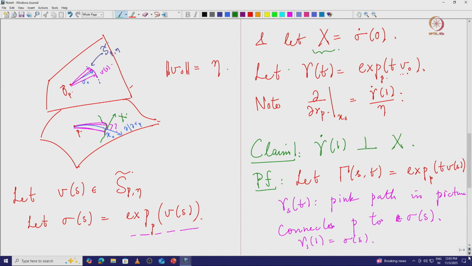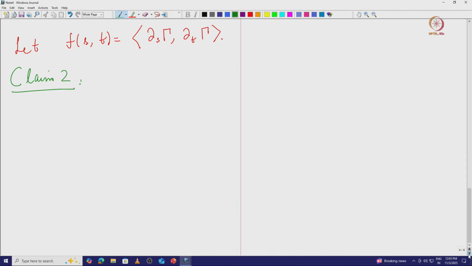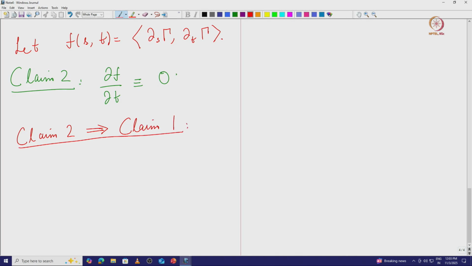My claim 2 is that del f by del t is identically 0. So f is a constant in t. Okay, let me now prove that claim 2 implies claim 1. So then it is enough to actually prove claim 2. Okay. So why is this the case?